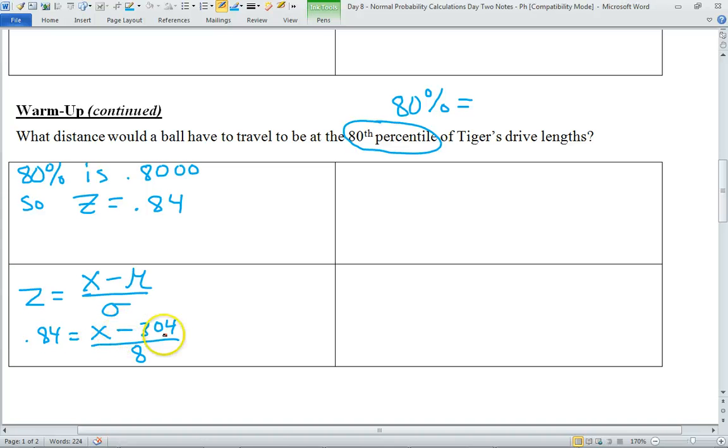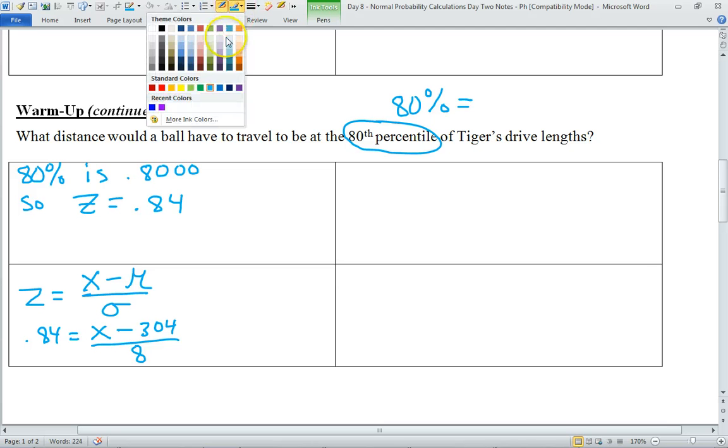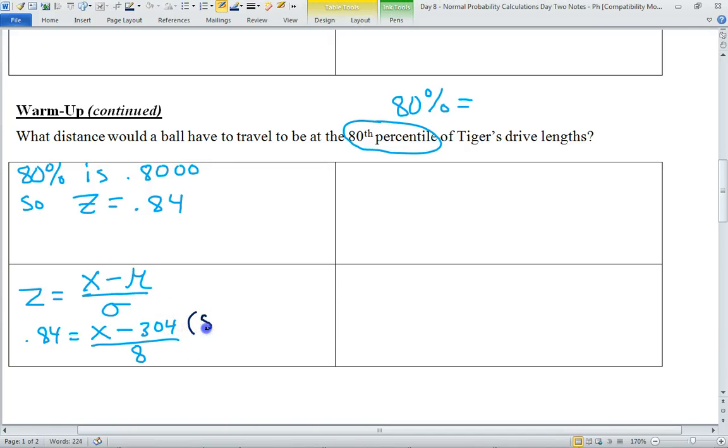Okay, all I really have to do is solve this equation. Do you remember how to solve an equation like this? Yeah, I need to multiply by the denominator. That's the key. Alright, so if I take this and I multiply both sides by 8, right, Maddie?